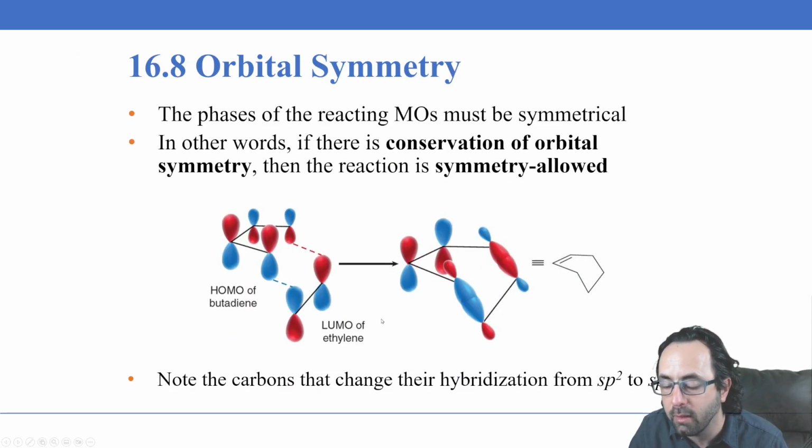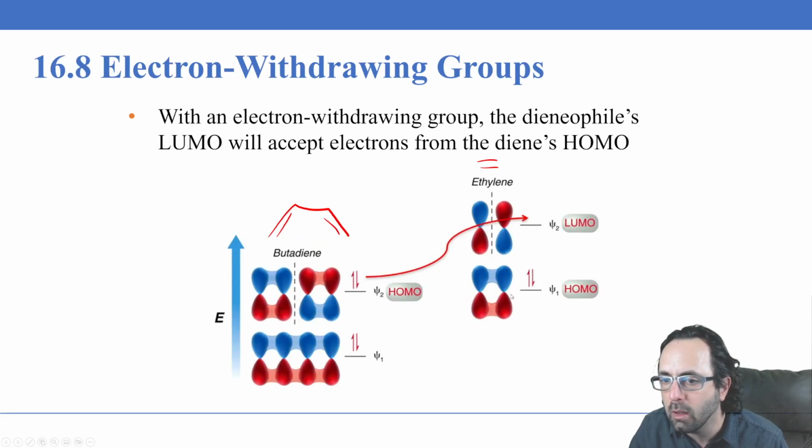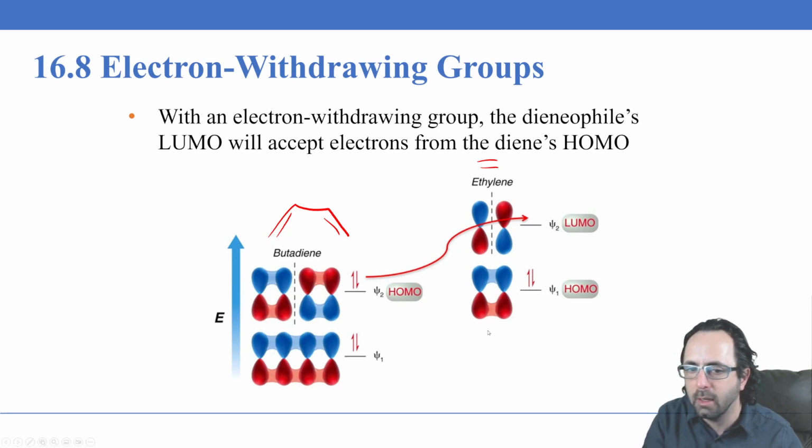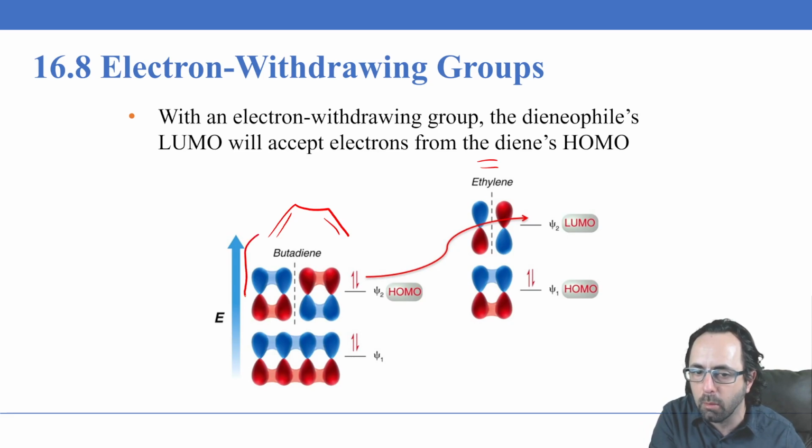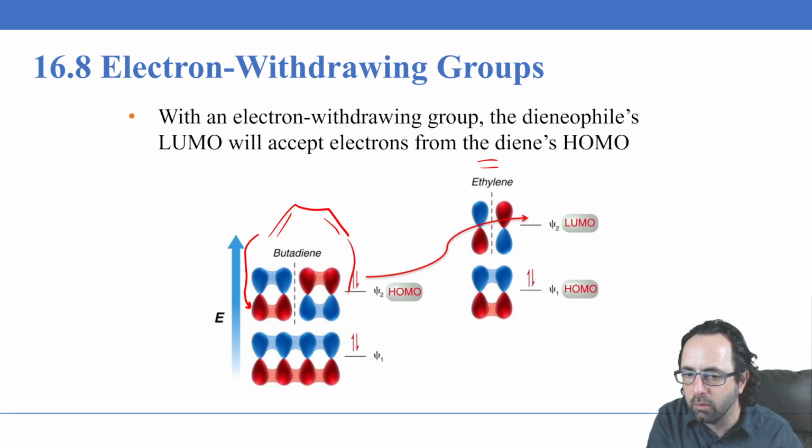Now let's look at the way these orbitals might overlap. If we look at the lowest unoccupied molecular orbital of ethylene, we can see that their lobes are unaligned. They're opposing to one another. However, if you look at the diene here on the left side, there's a red lobe of the orbital showing on this carbon, and then there's a blue orbital here on the bottom.